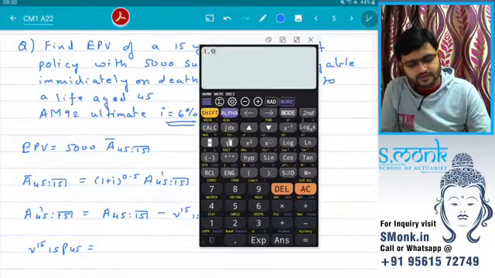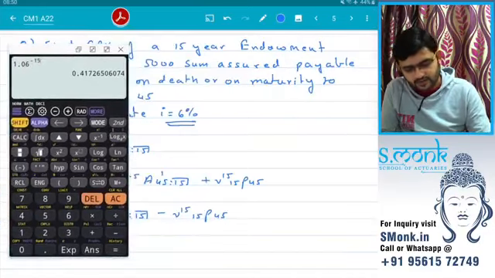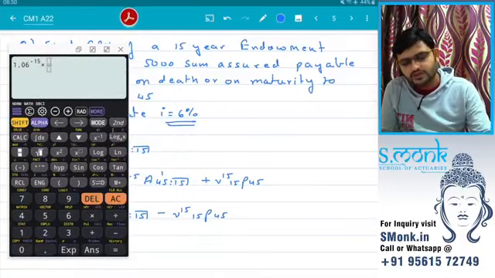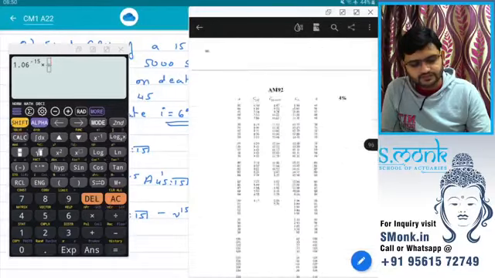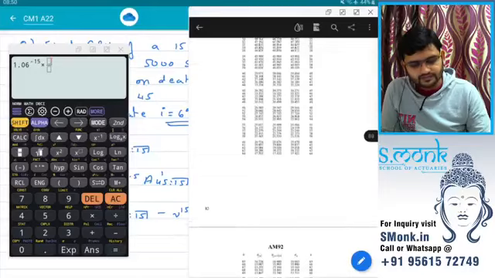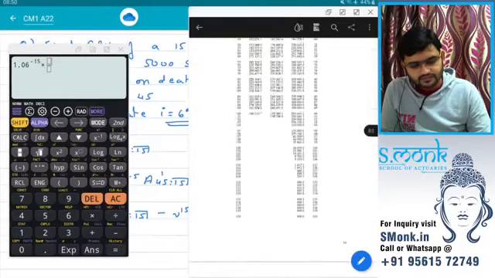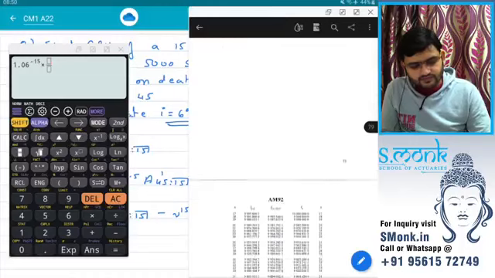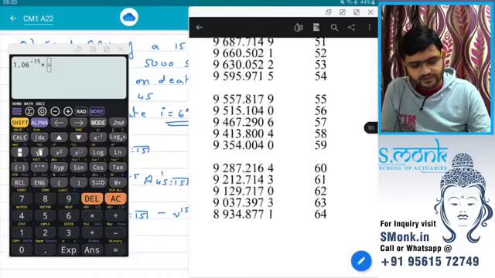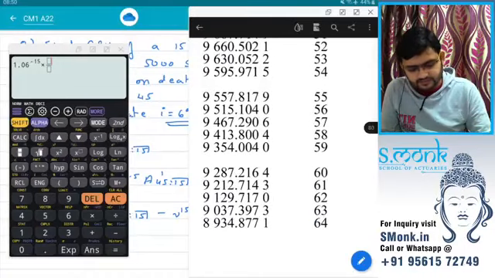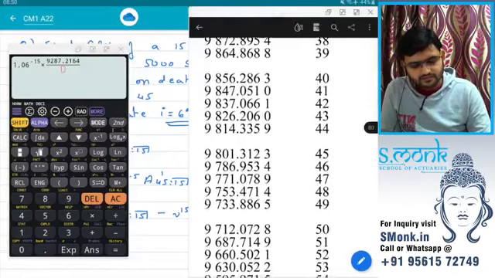So I will have 1.06 raised to minus 15, and then times the l values. 45 and 15 makes 60, so l60 over l45.